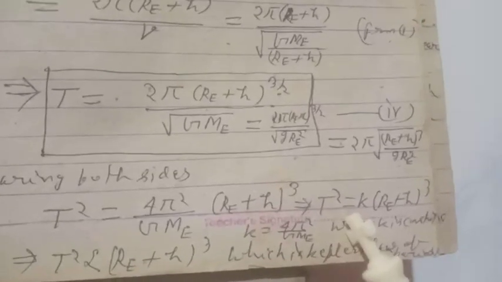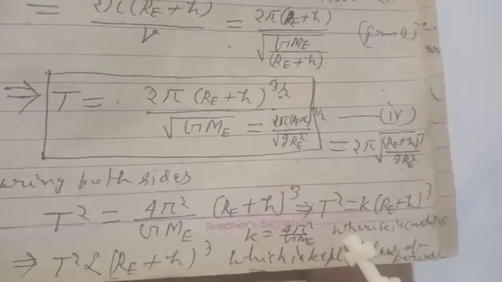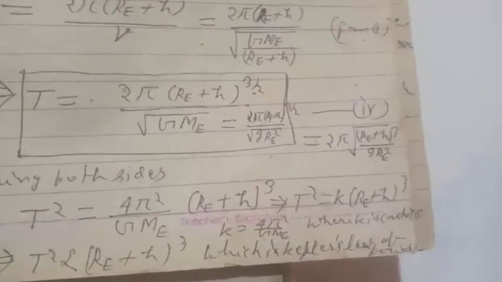This implies T square equals k into (RE plus h) cube, where k equals 4 pi square by G ME, where k is a constant. This implies T square is proportional to (RE plus h) cube, which is Kepler's law of periods.